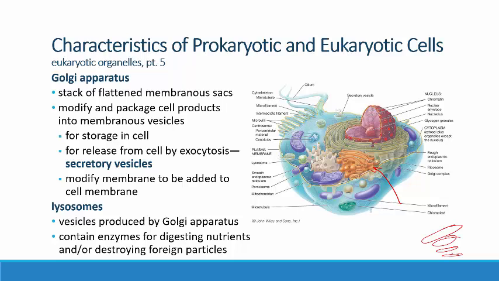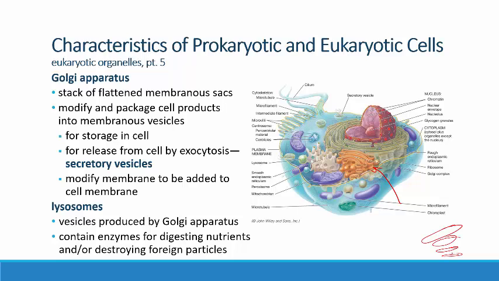And their job is to accept a vesicle coming from the endoplasmic reticulum and then to modify the stuff that's inside that vesicle and package it up into new vesicles that are then stored in the cell, or they get released from the cell so that the contents are released by exocytosis. That's a process we'll talk about in the next lecture.